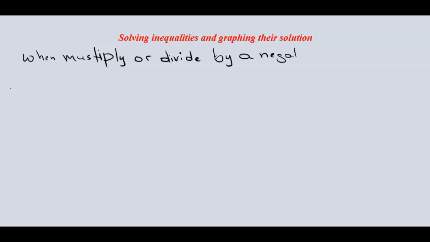Let me write that down: when you multiply or divide by a negative number, you must flip the inequality sign.